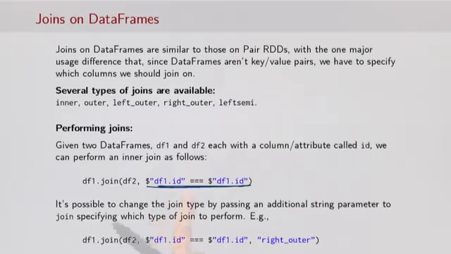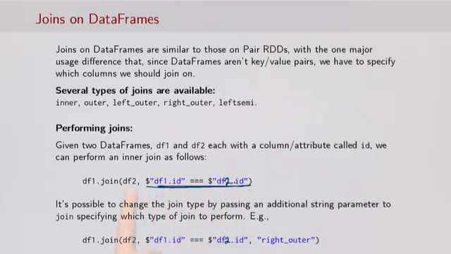In this case, each of these data frames has a column called ID, and we want to join on these ID columns. So we select the column via this $ sign notation, to make sure that both of these IDs are equal in our join, and that's it.